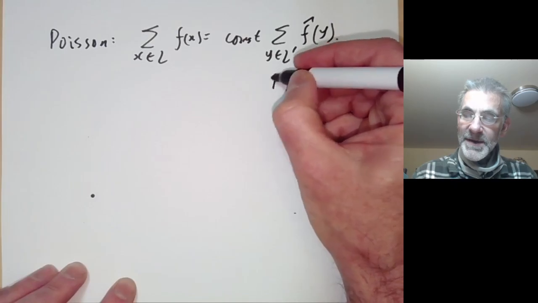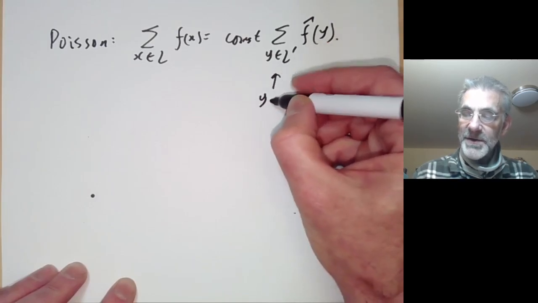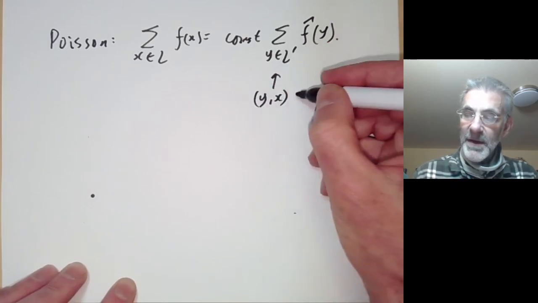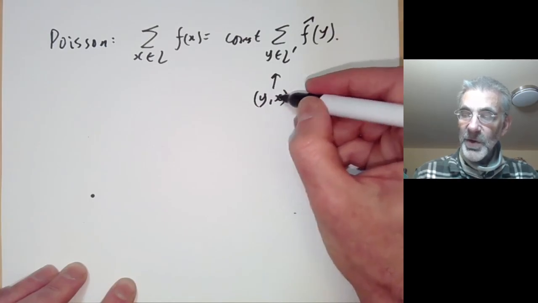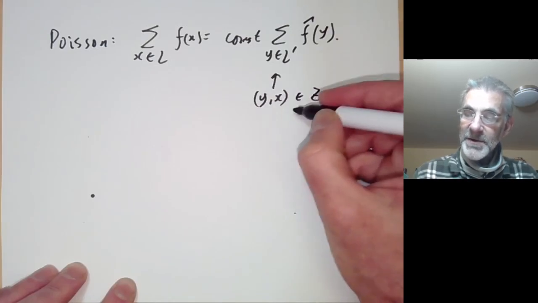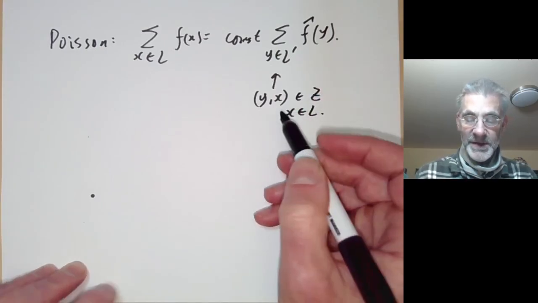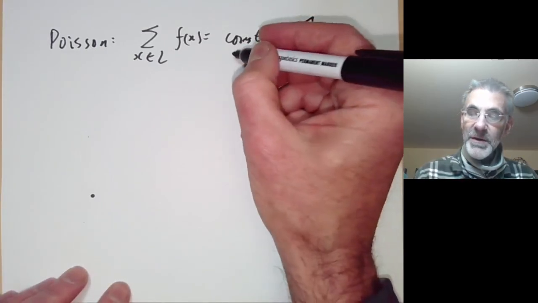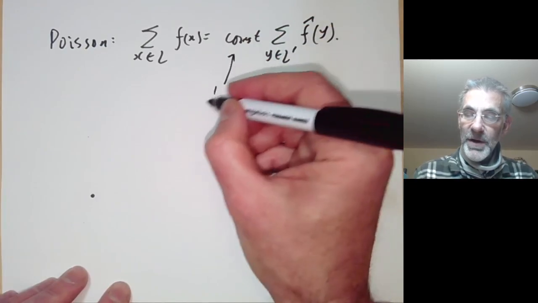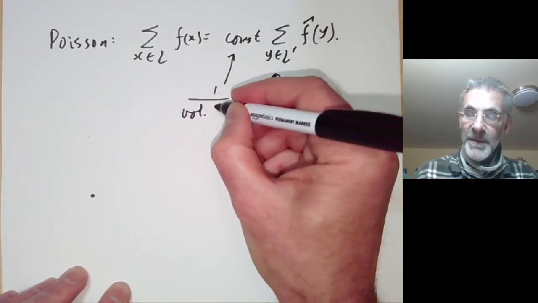The dual lattice is the set of y such that the inner product of y with x is an integer whenever x is in the lattice. This constant is something to do with 1 over the volume of a fundamental domain.